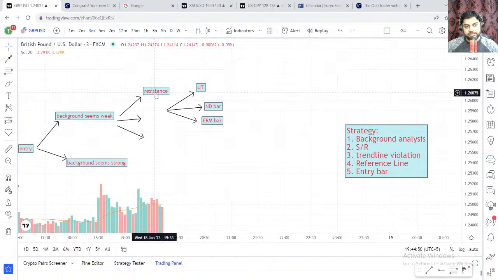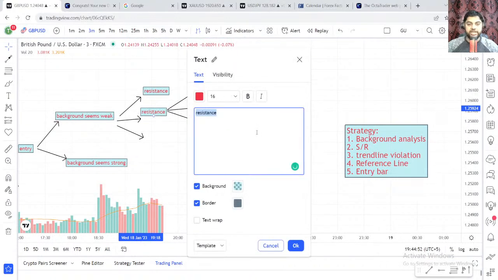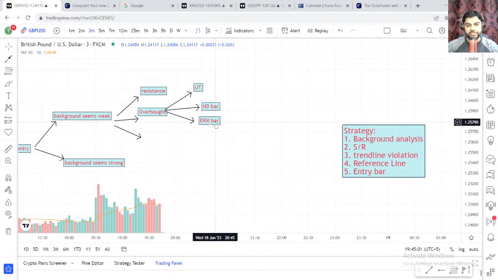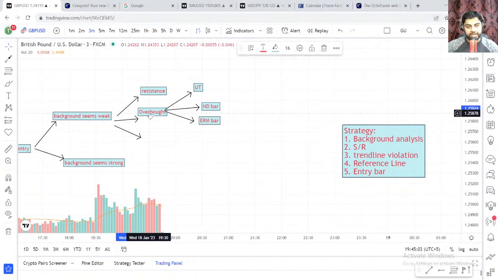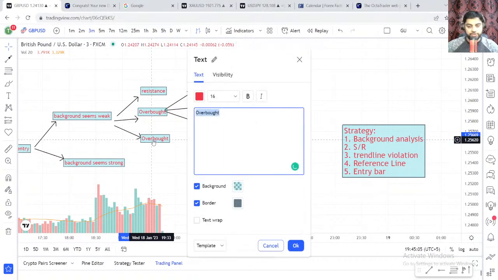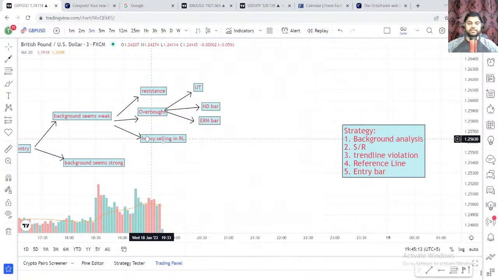And then you should also have trend line violation in the form of overbought. Is it overbought? If yes, then great. And number 3, it should be selling in RL, reference line, heavy selling in reference line.